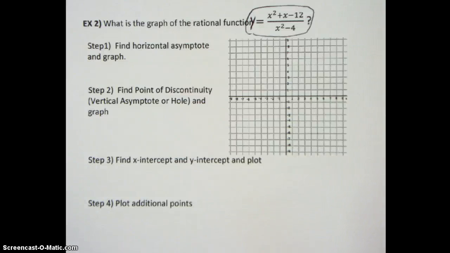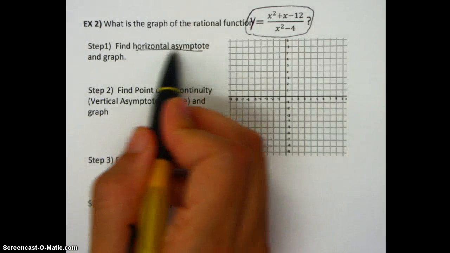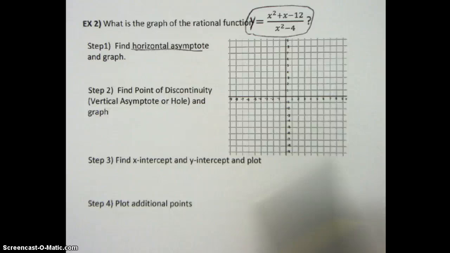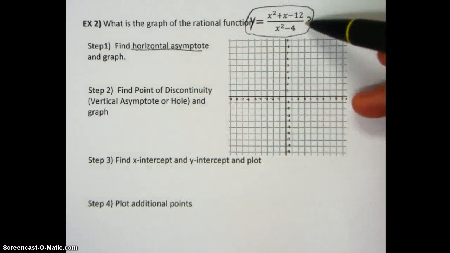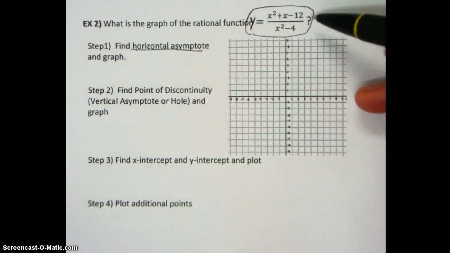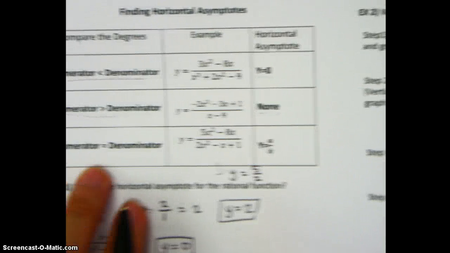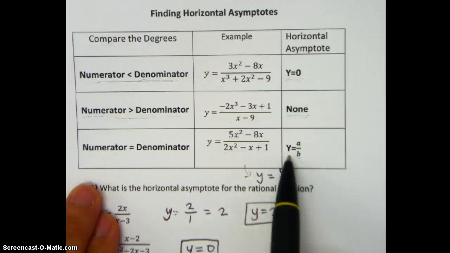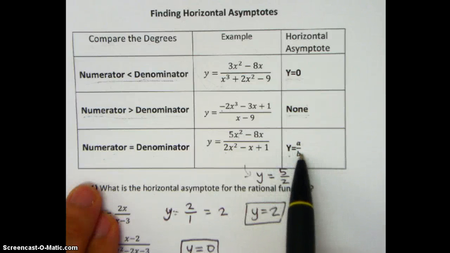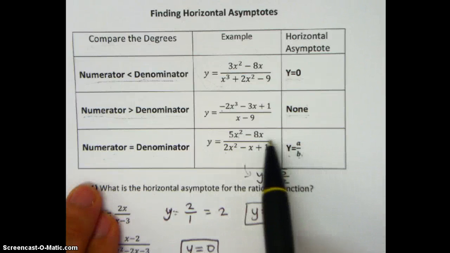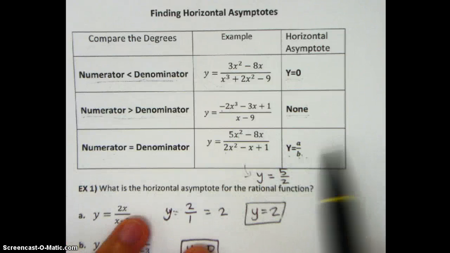So step 1 is to first find the horizontal asymptote using the rule that we just talked about. We're going to compare the degree of the numerator and the denominator. In this case, they are both 2. So we follow this rule: y is equal to a over b, the coefficient of the numerator over the coefficient of the denominator.